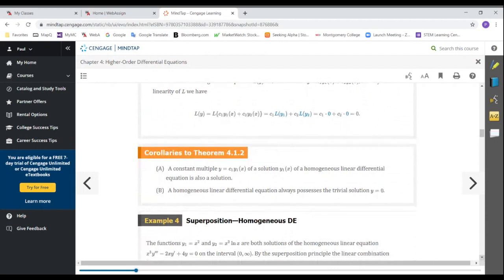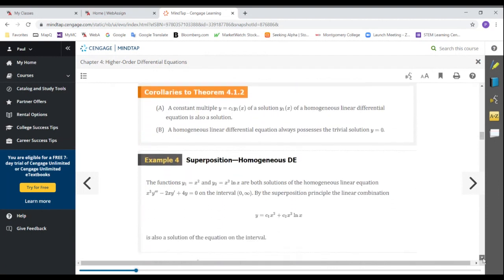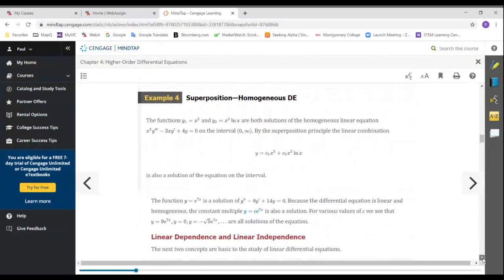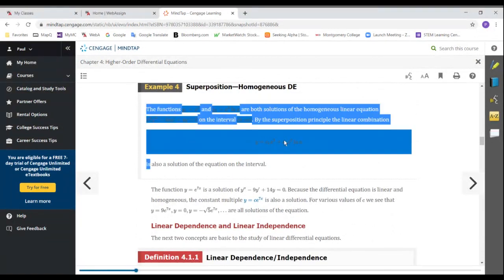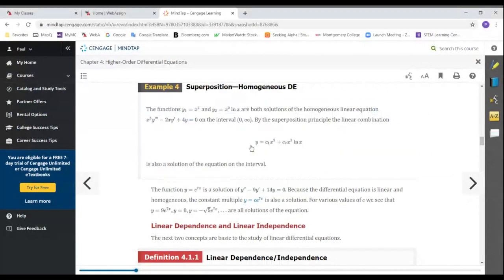Okay, example 4. Suppose we have these two functions and they're both solutions of this homogeneous equation. So y1 equals x squared and y2 equals x squared times the log of x.